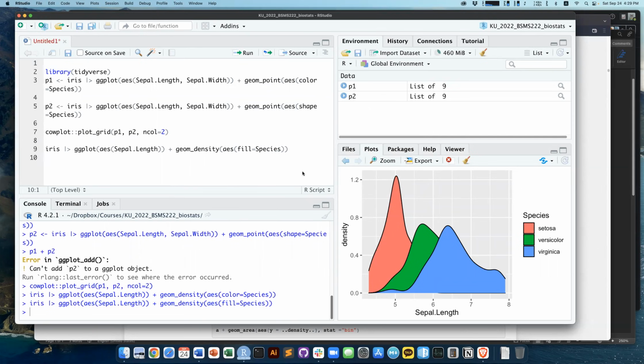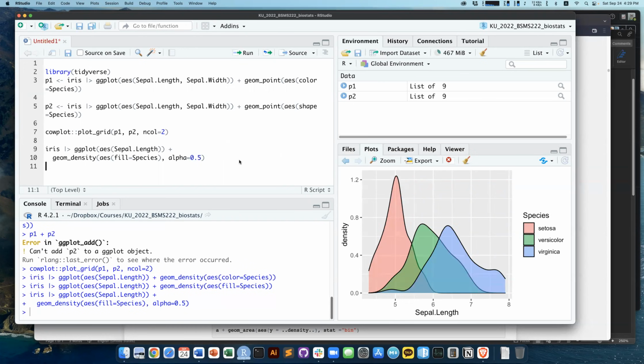So that's the difference. This is good, but some density is omitted by other shapes, right? In that case, you can adjust alpha. Alpha, if we put 0.5, gives 50% transparency. In that case, you can see the others as well, right? So this way you can use information.